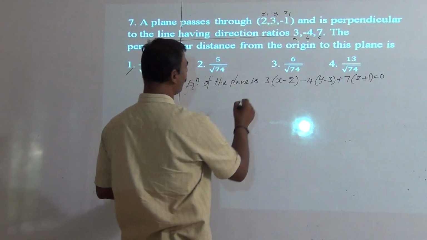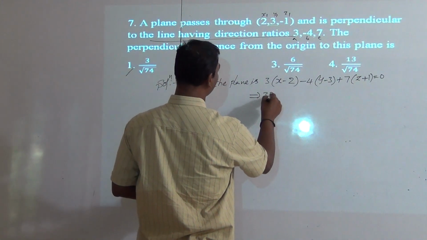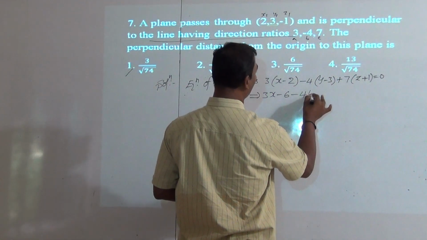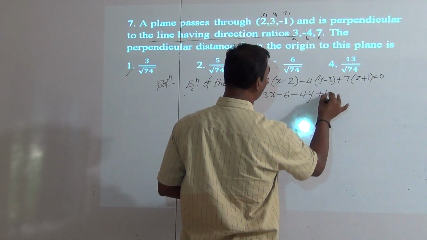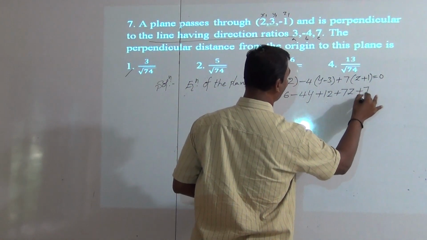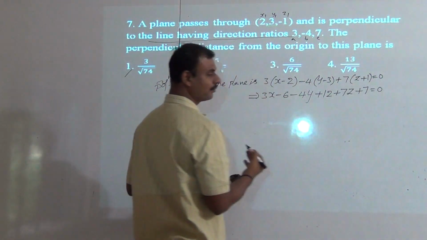Simplify: 3x minus 6 minus 4y plus 12 plus 7z plus 7 equals 0.